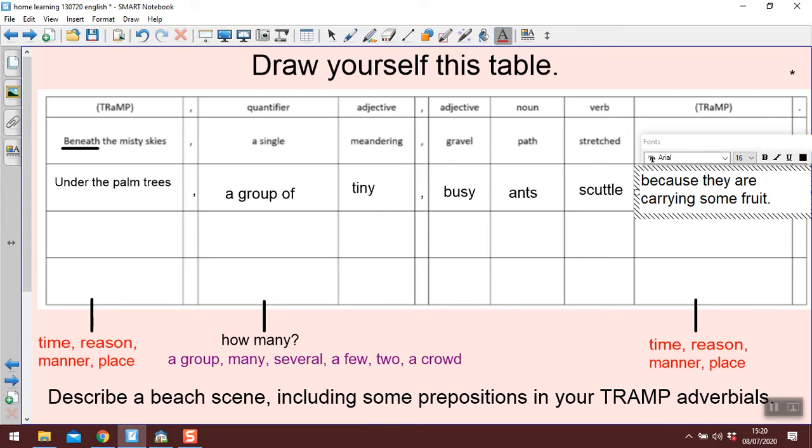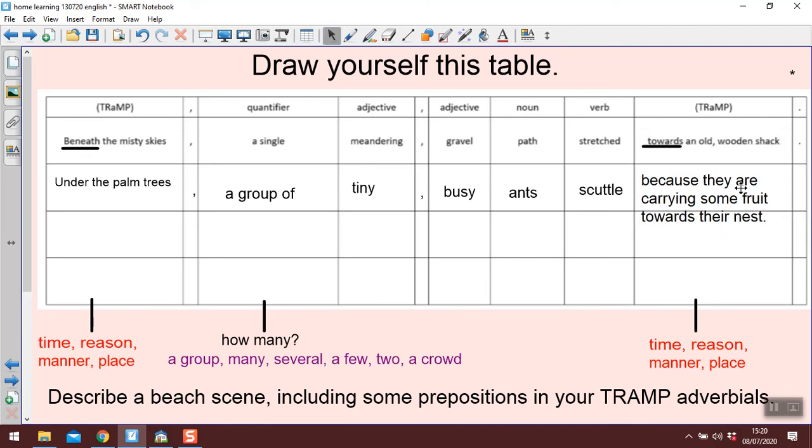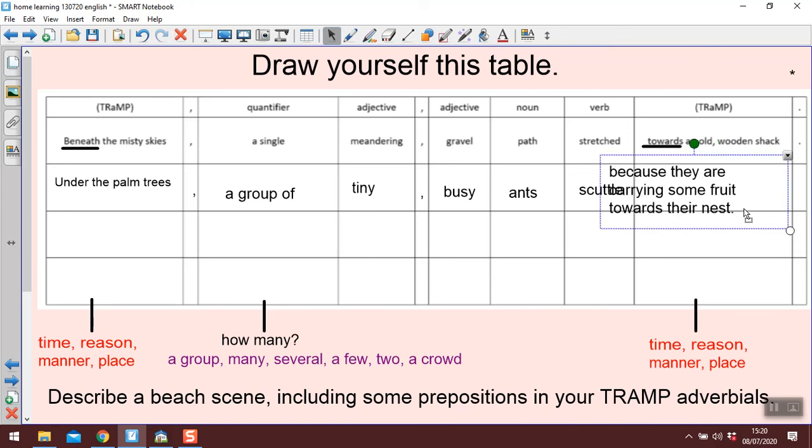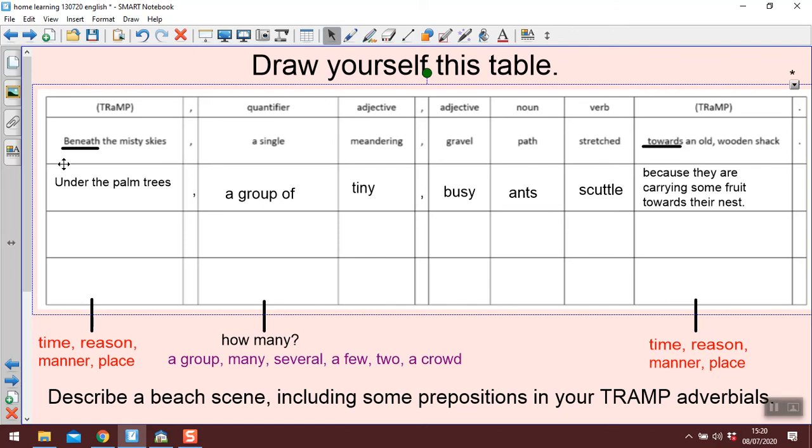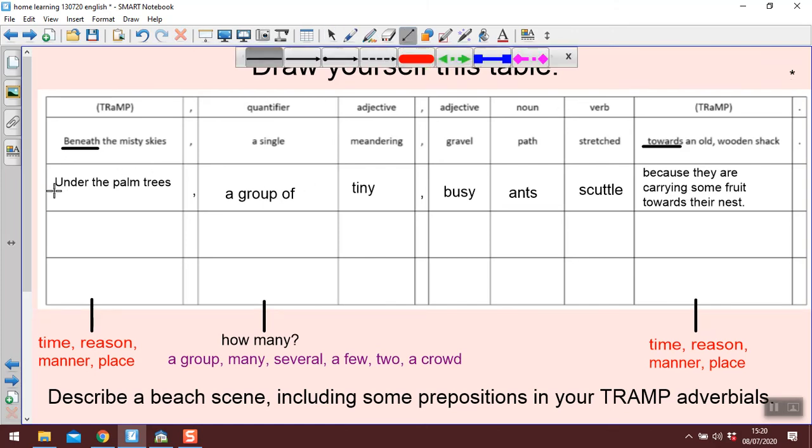So I'm going to add a little bit more: because they are carrying some fruit towards their nest. So I've just had to adapt my sentence a little bit so that it includes a preposition, so that I'm practicing using my prepositions. Where are the prepositions in my sentence? We have got under and we have got towards.